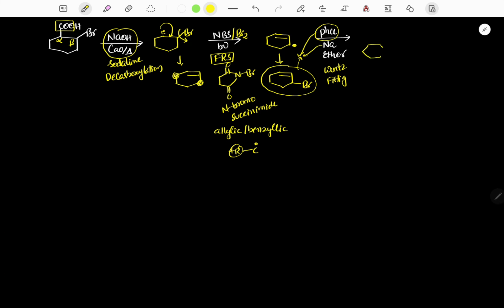So in this case, this product is possible, this product is also possible, and finally the cross product is also possible. AA, BB, AB. So it is our Wurtz-Fittig product. Generally the cross product is major.